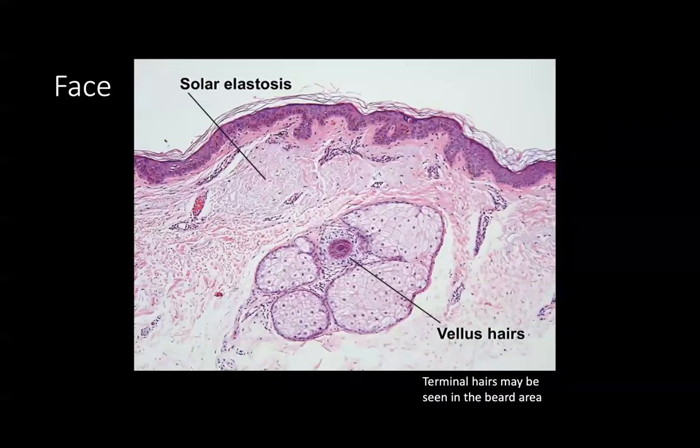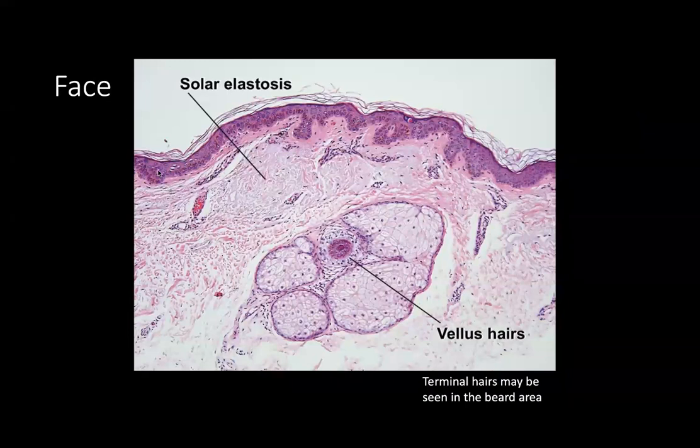The face in older people typically has a lot of solar elastosis, which is this blue degeneration of the dermis, and we can get into that in another lecture, but the solar elastosis stains very light blue on H&E. And this is a result of chronic sun damage.